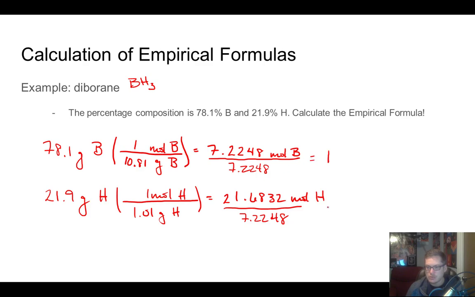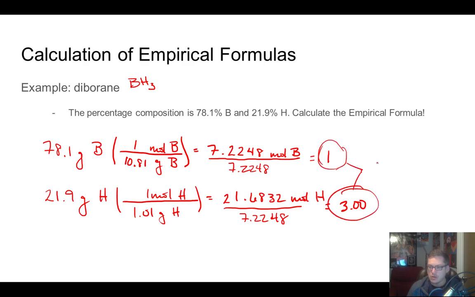Dividing 7.2248 by itself gives us 1, and dividing the hydrogen by 7.2248, we get 3.00. Now the next step tells us to multiply to the whole. If these numbers are not whole numbers, you multiply them by a whole number until you get whole numbers. But 1 and 3 are both whole numbers, so we don't have to multiply, because they're already whole numbers.